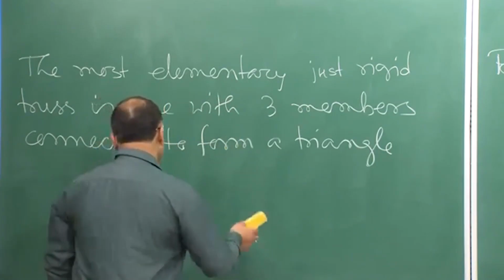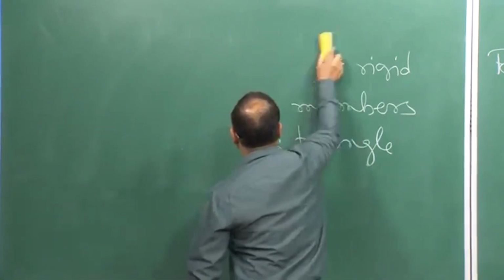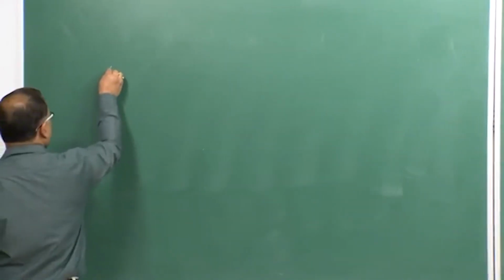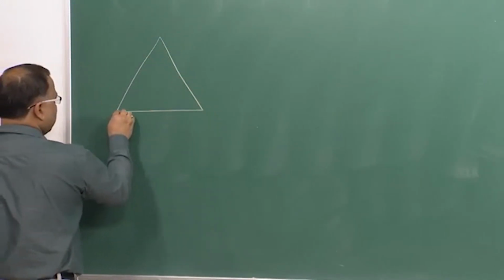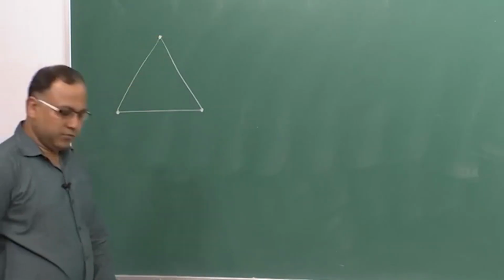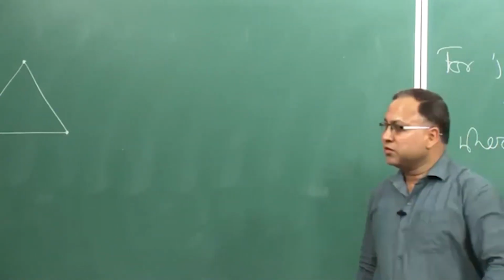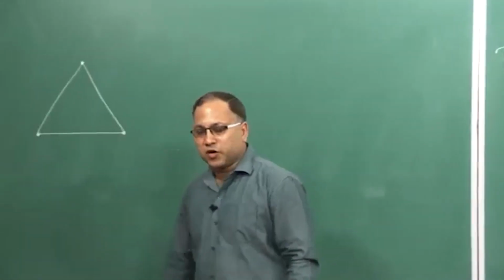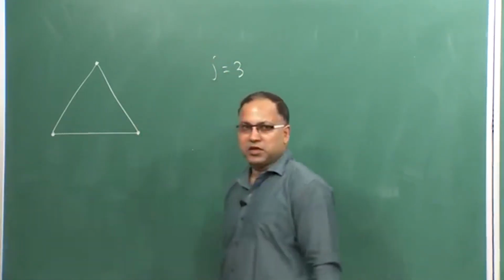Now, let us check with the 3 member system which will make a triangle. I am not showing the supports, it is understood that of course support is there. So, this is your elementary just rigid structure, already we have decided. Let us see whether this equation is satisfied for this elementary truss. How many joints are there? j equals 3.